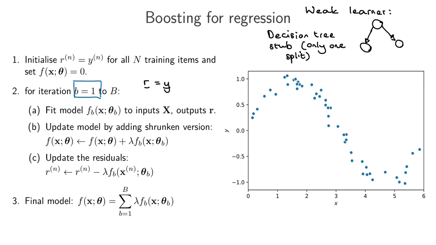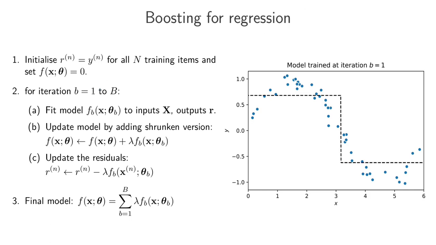So let's see what that model does. Remember, I'm fitting this very, very small, sad decision tree stub to this data. So this shows the prediction from that model. We're in the first iteration, b equal to 1, and this plot is showing the output from our first model, f1(x; theta 1). The dashed line shows the prediction from this model.